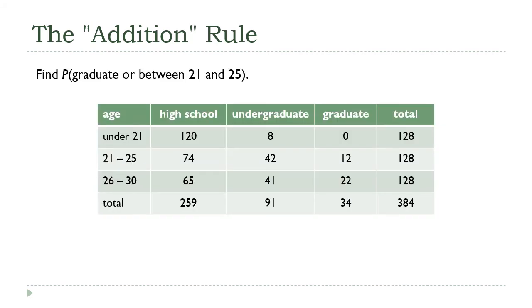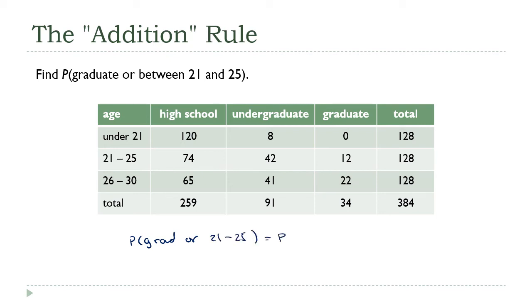Let's go back to my table here, right? And I want to find the probability of randomly selecting a person who is either a graduate, who has graduate school as their top level of education, or has an age between 21 and 25. All right, so what is this going to be? P(grad or 21 to 25).